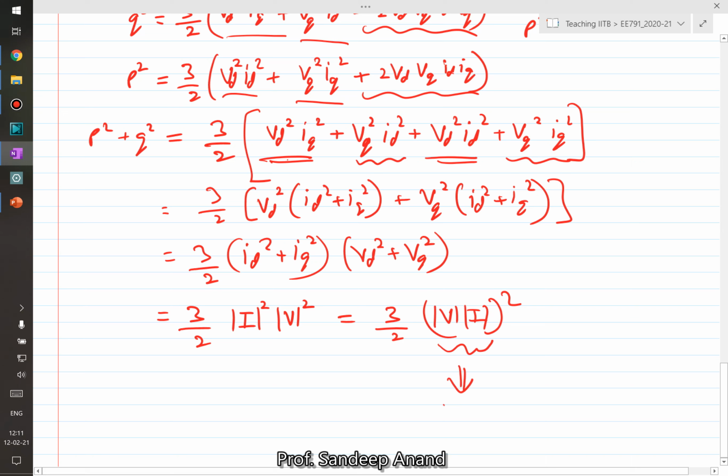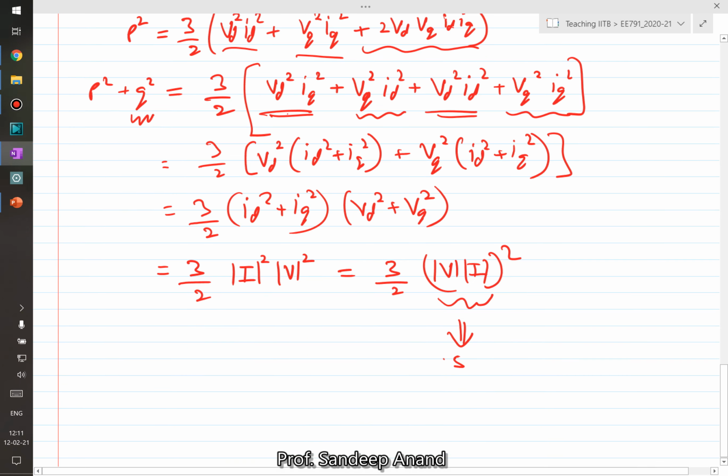It's not exactly the apparent power, but it resembles the definition of the apparent power magnitude S, which was the voltage magnitude times the current magnitude. So roughly speaking, the instantaneous Q in a way does define the part of the power which is not really being utilized to do real world work. This represents the power which is oscillating and not being really utilized.